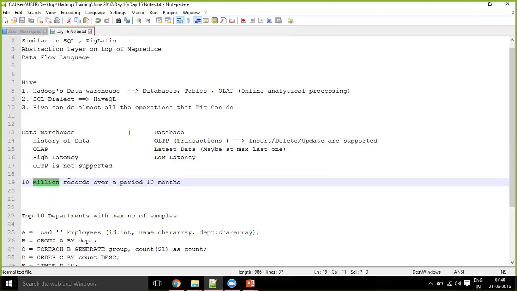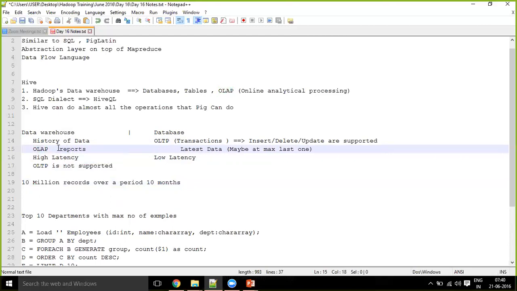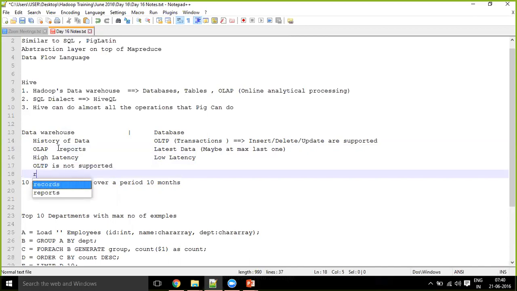They are only for doing some analysis and generating reports. So these are for reports, and those are for instant transactions or lookups.